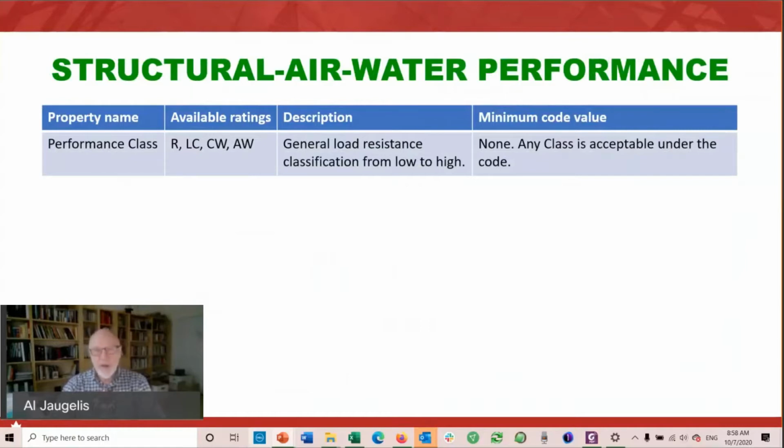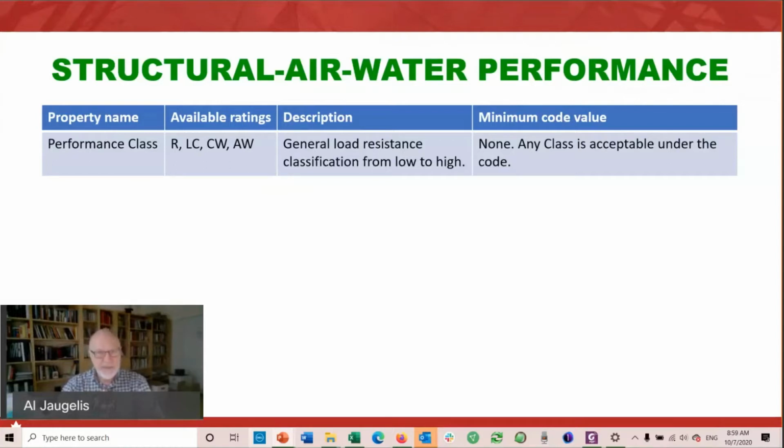The standard requires products to be classified according to four general load resistance categories, from low to high. The weakest level of load resistance, you might say, is R. And then LC, CW, and AW are higher classifications. Now, there is no minimum code value for performance class. Any of these classes is acceptable under the code.